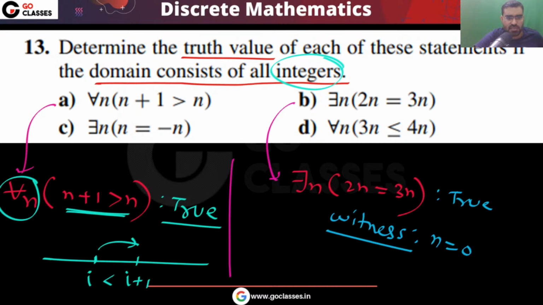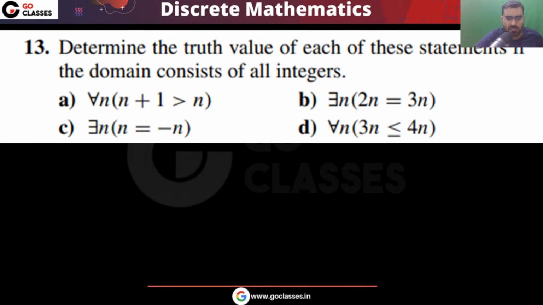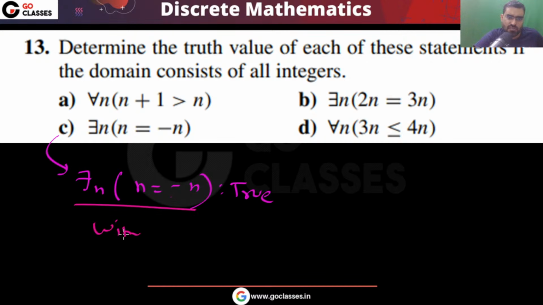What about the C, the next one? There is some n such that n is equal to minus n. Again, this is true. Who is the witness? Again, the witness is 0.